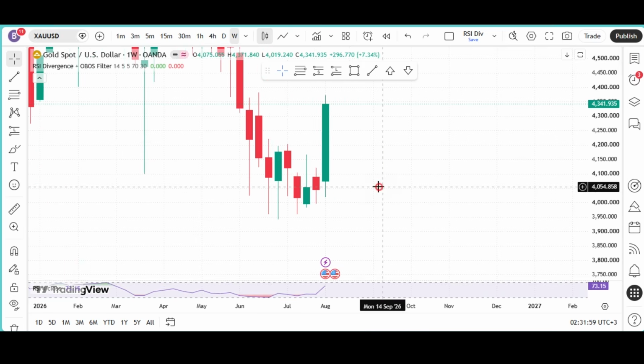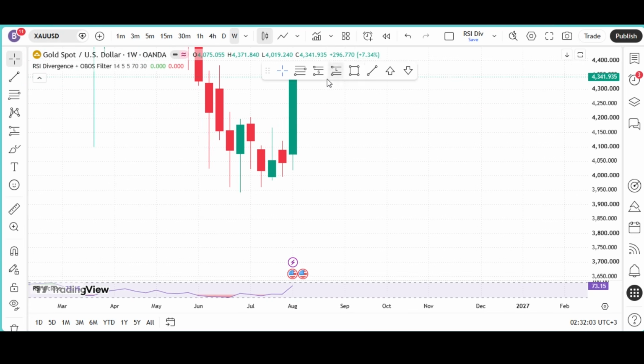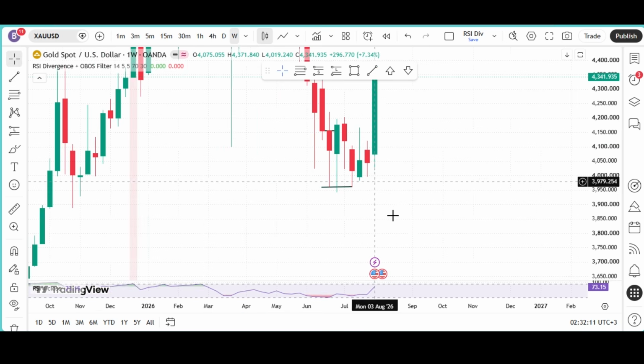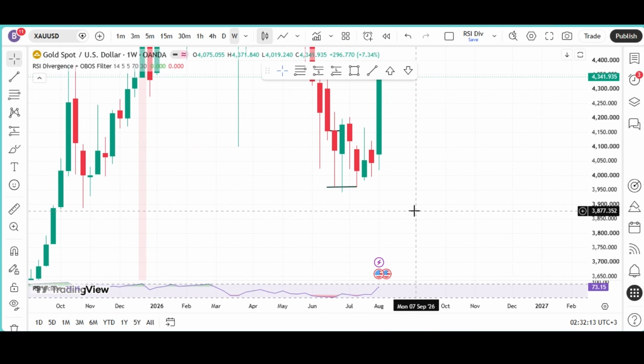This is XAUUSD, weekly time frame. This is where the weekly candle manipulation happens, and this candle closes as an engulfing to the upside, right? And so many confluences are right inside this to tell you that the price is eventually going to go up.